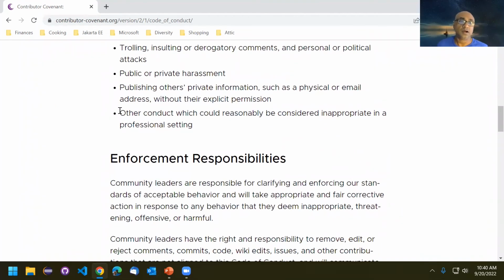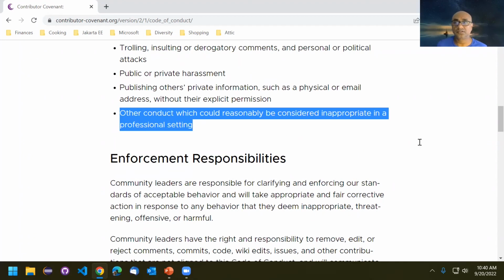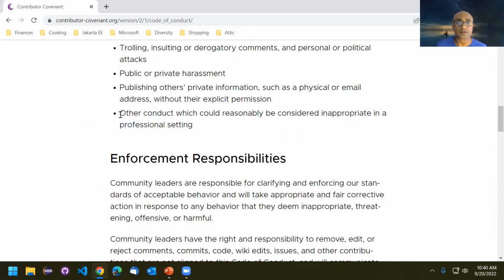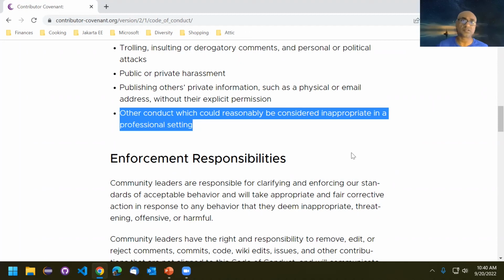Other conduct which could reasonably be considered inappropriate in a professional setting. So this is raising the bar. It's telling us we are not just a community, but our environment is the same as a professional working setting. It's telling you very directly what kind of expectations you should have of this environment.